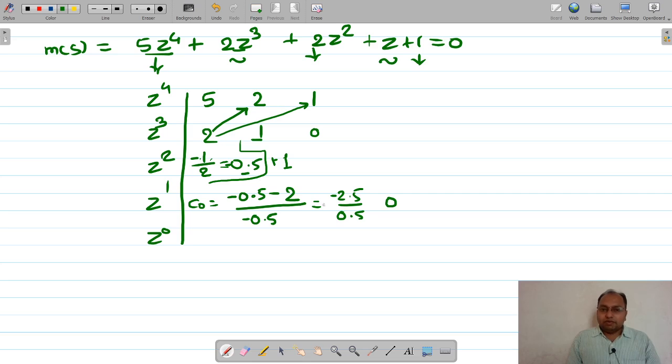Now what is the value of this one? Let us compute this. 2.5 divided by 0.5 is coming as 5. So this C0 is coming as 5.